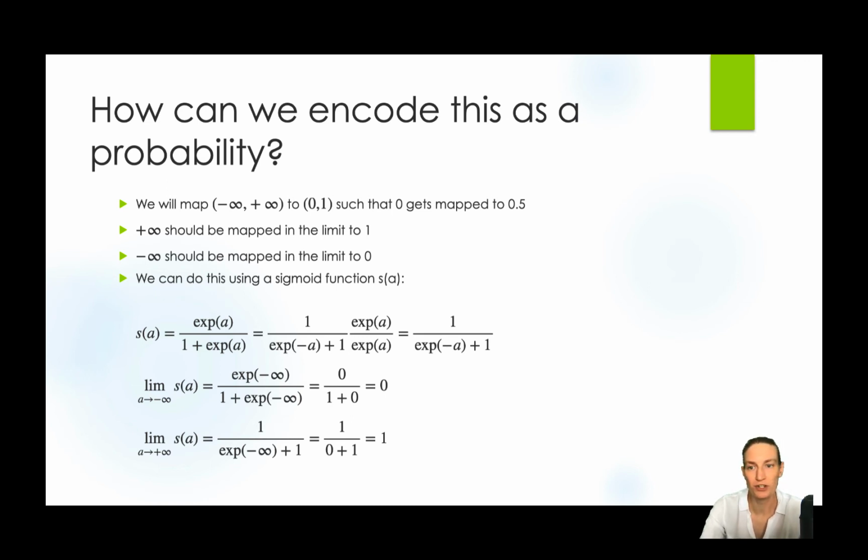Okay, the sigmoid function is σ(a), which is e to the power of a divided by 1 plus e to the power of a. Okay, we can slightly rewrite this formula by pulling aside e to the power of a, and it results in a very popular notation, which is 1 divided by e to the power of -a plus 1.